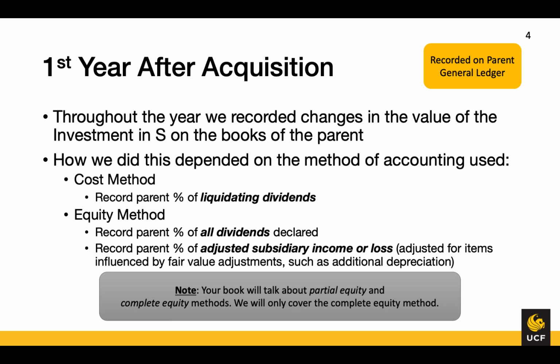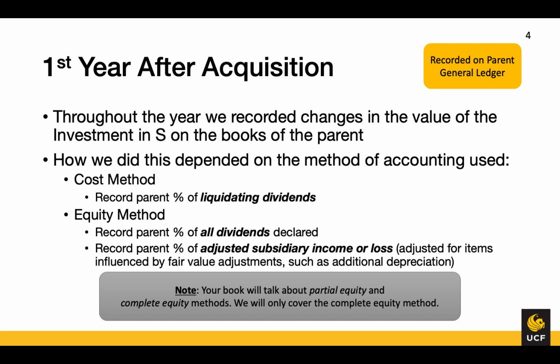During the time period between the initial acquisition and our first year end, our parent company is going to record the changes to the value of the investment in S on their books as they go along. So just a reminder that under the cost method, we would only change our investment in S if there were liquidating dividends. Liquidating dividends, remember, are when a company issues dividends in excess of any retained earnings, thus taking their retained earnings negative.